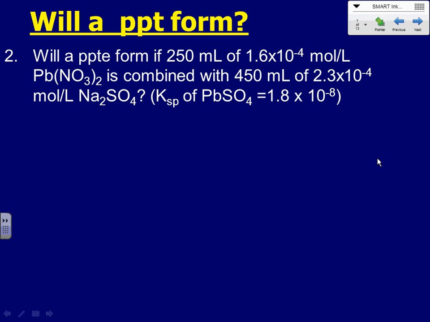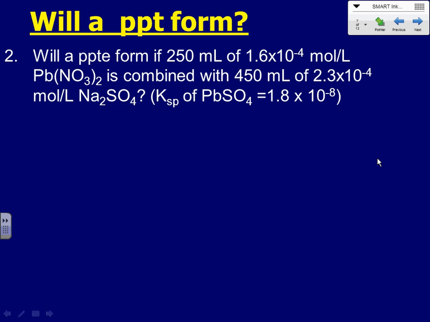So in a more realistic situation, we have 250 milliliters of a lead 2 nitrate solution reacted with 450 milliliters of a sodium sulfate solution. And then I give you a KSP for lead 2 sulfate.